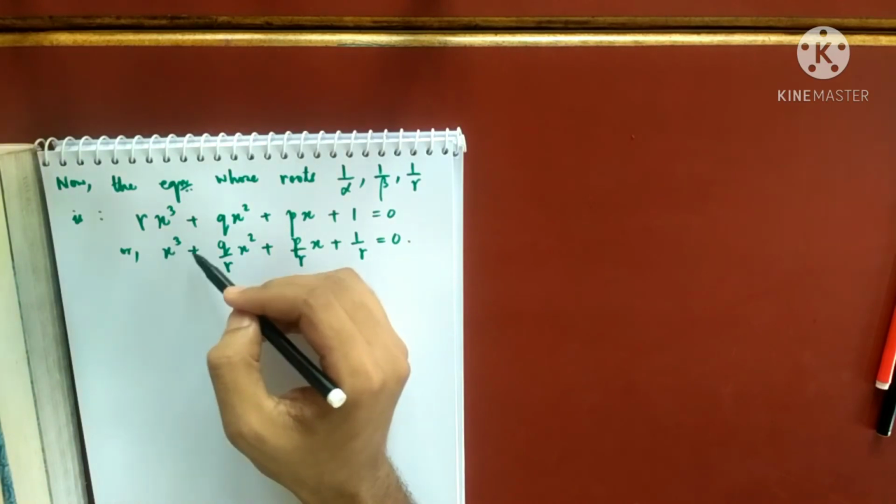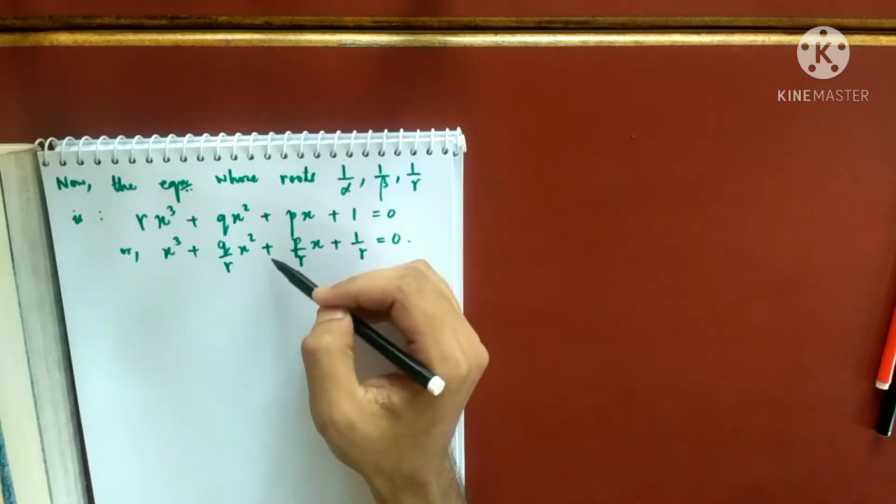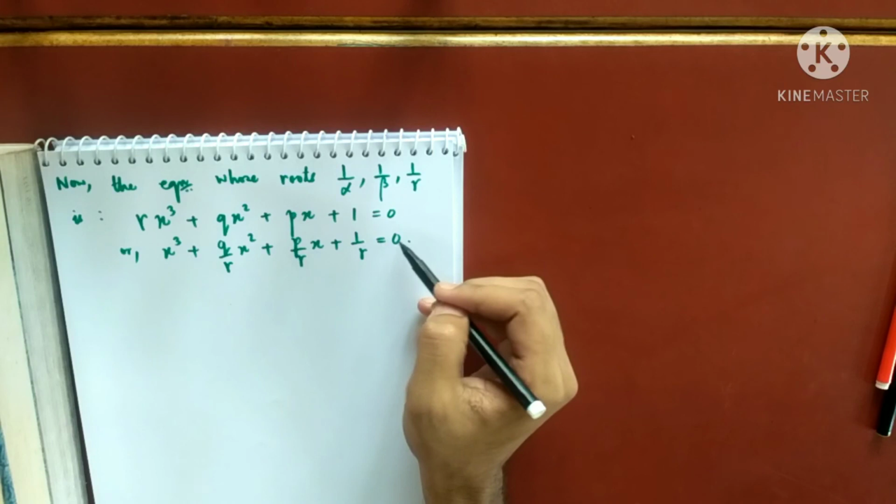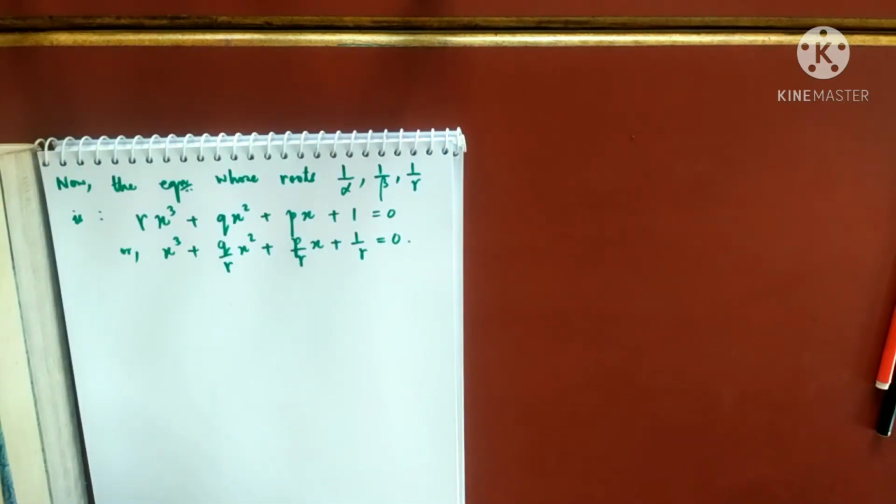When the equation was x cube plus px square plus qx plus r equals to 0, I wanted to find an equation whose roots were the sum of the squares of 2 minus the square of the third one.